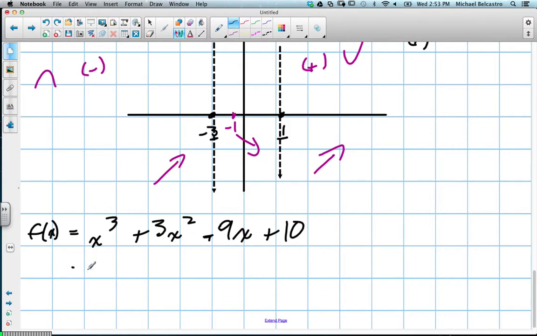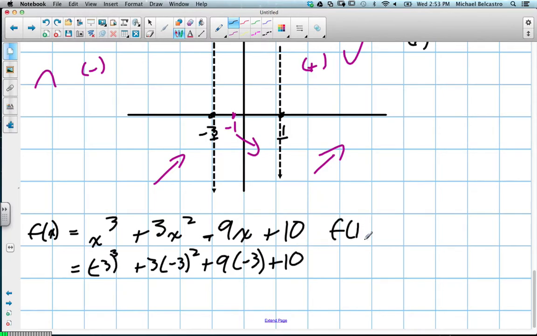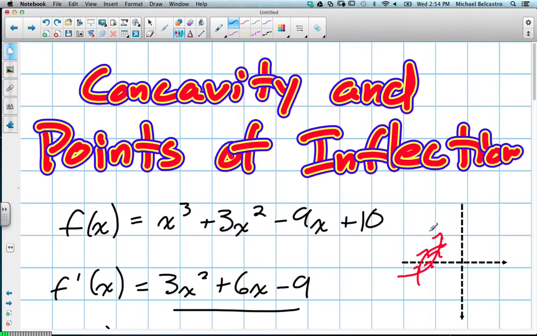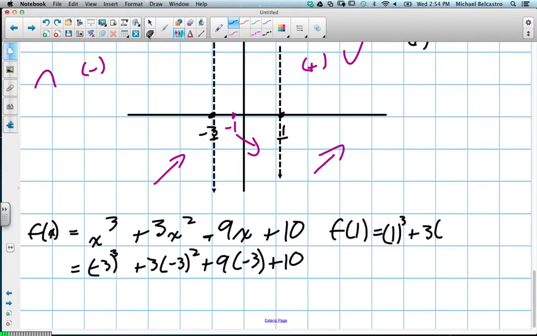Our first point being negative 3, so negative 3 cubed plus 3 times negative 3 squared. If anyone has a calculator, it can maybe help me out with this. And the other one, we'll find f at 1. That one will probably be a little easier. 1 cubed plus 3 times 1 squared minus 9 times 1 plus 10.